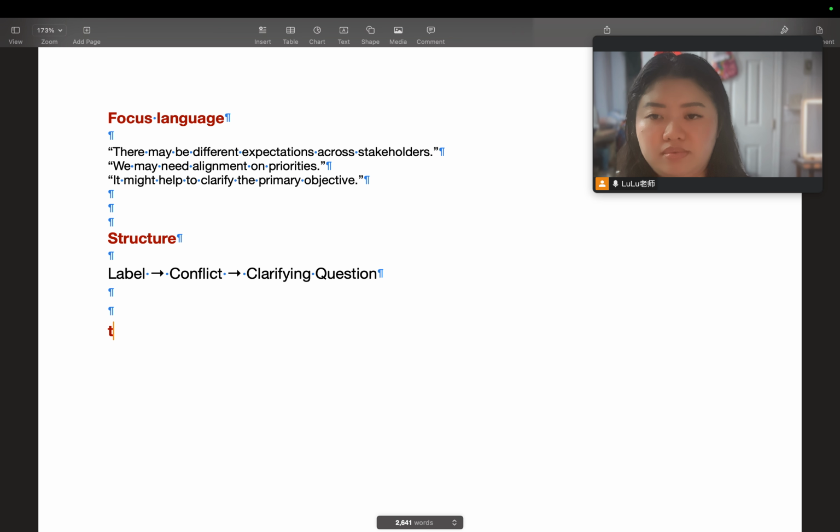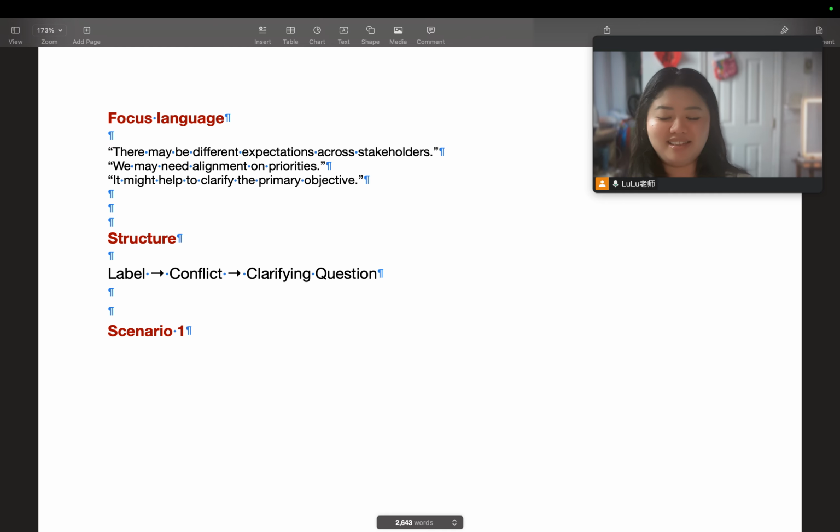Okay. So scenario 1, the client wants fast delivery, the engineering team wants stability. What's the misalignment? Good. Good.